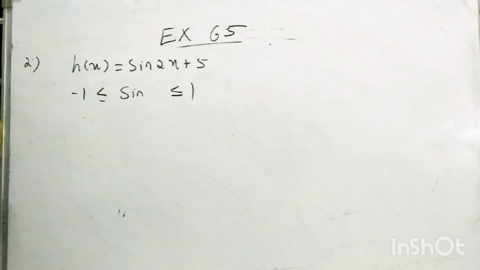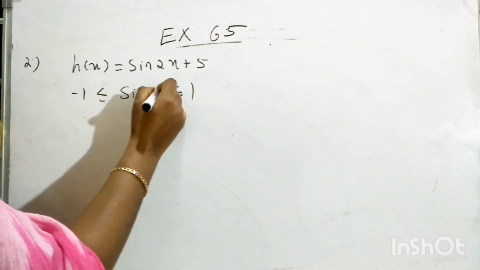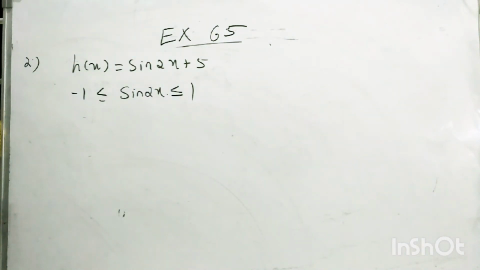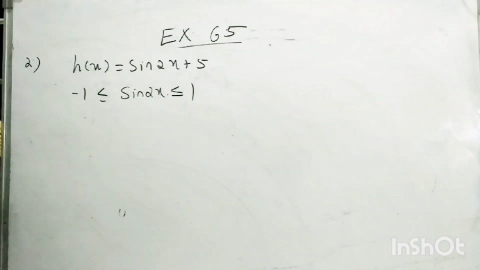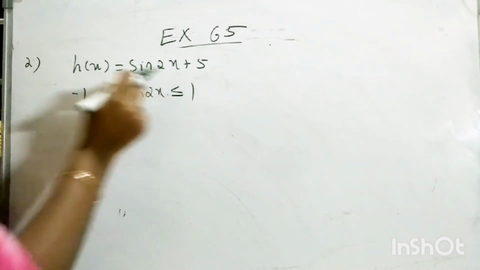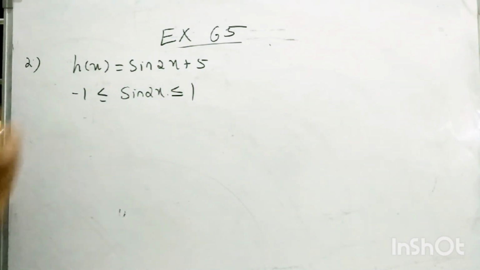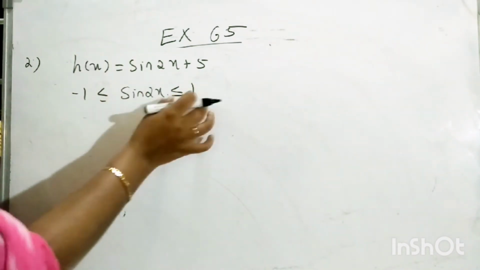The maximum and minimum value of sine and cos functions is minus 1 and 1. So sine 2x also lies in between minus 1 and 1. Now I need to get sine 2x plus 5, then only I can write h of x. So I need to get plus 5 in the middle term, so I am going to add plus 5 throughout this inequality.